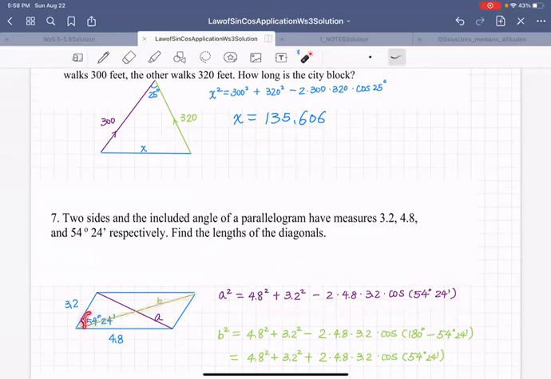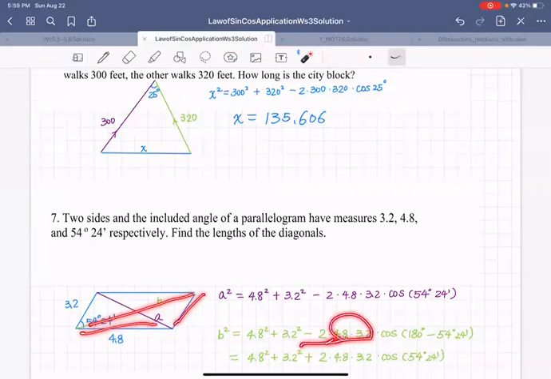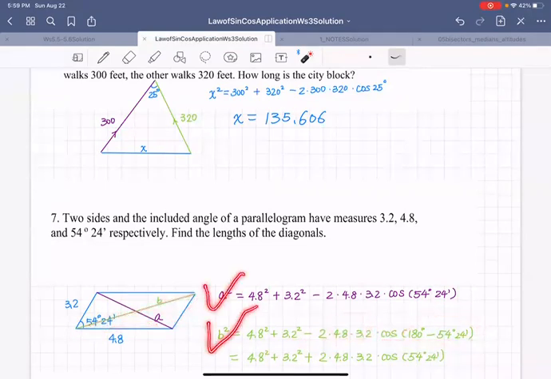This is 54 degrees 24 minutes. This angle is 180 minus 54 degrees 24 minutes. This is 4.8, this is 3.2. In a parallelogram, opposite sides are equal, so this is 3.2. So b squared will be this squared plus this squared minus 2 times this product times the cosine of this angle. Then you can type it in your calculator to get a and b.